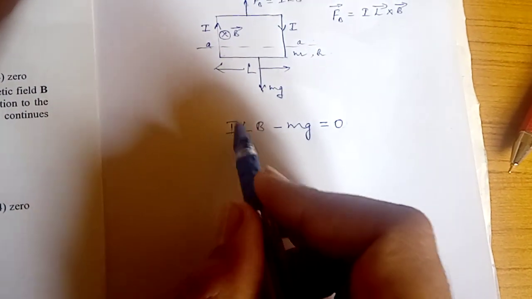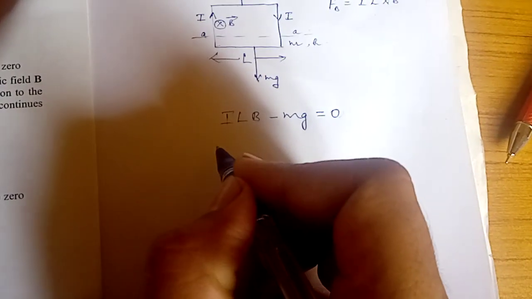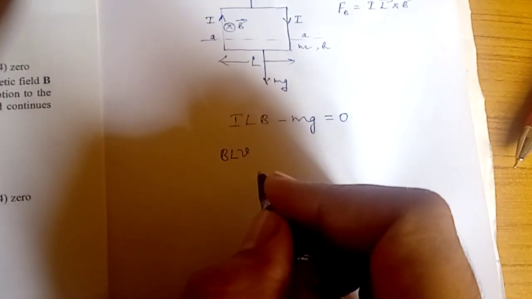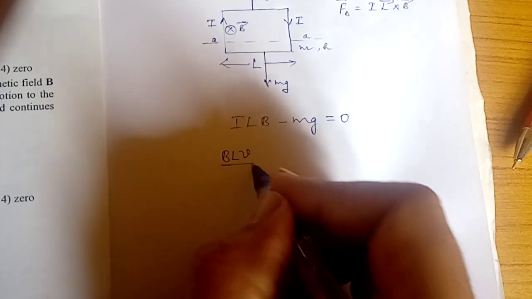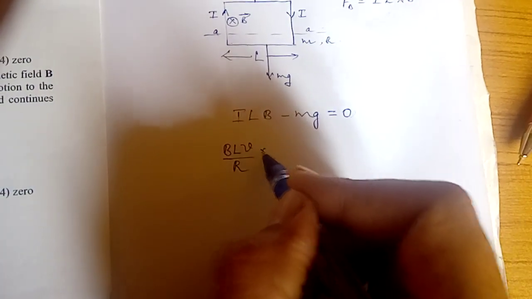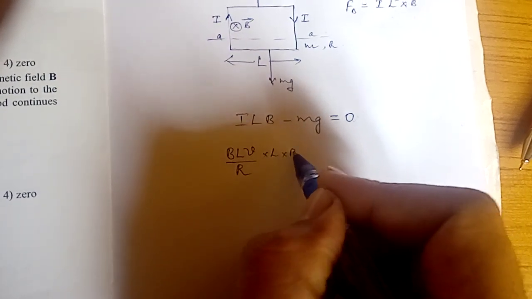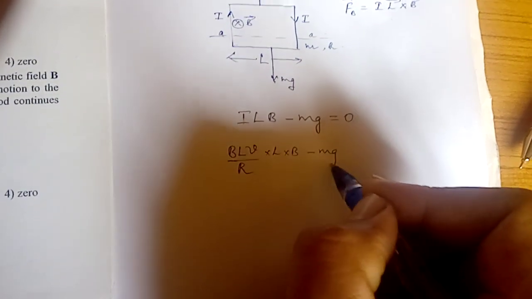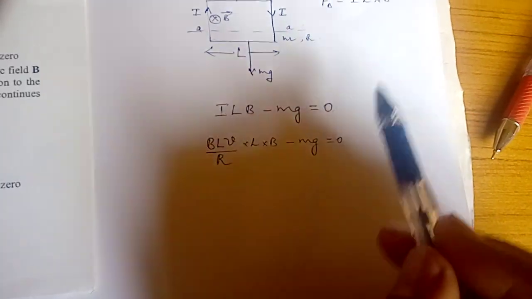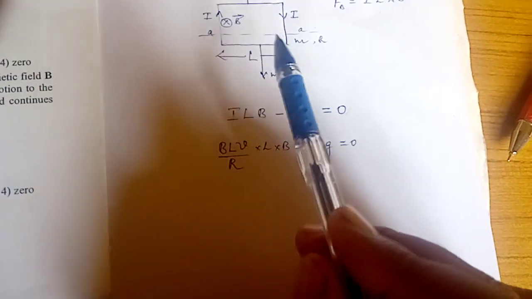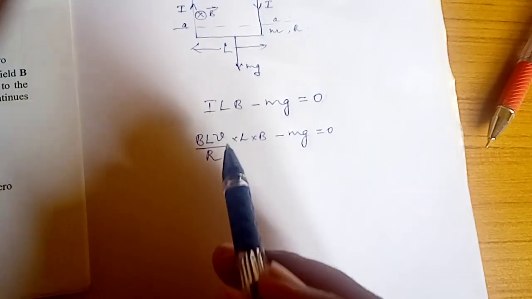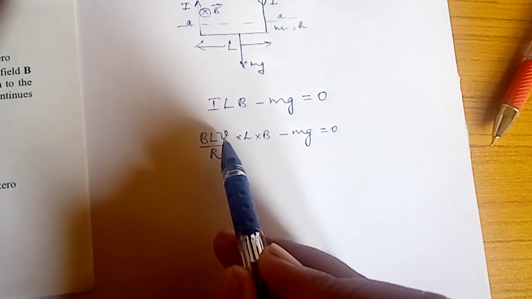Now we know that the induced current is given by the induced EMF in the loop, B L v, divided by the resistance of the loop R, so (B L v / R) into L into B minus mg is equal to 0. I have written this equation for when the loop has reached the maximum velocity, correct? Therefore this v is nothing but the terminal velocity.